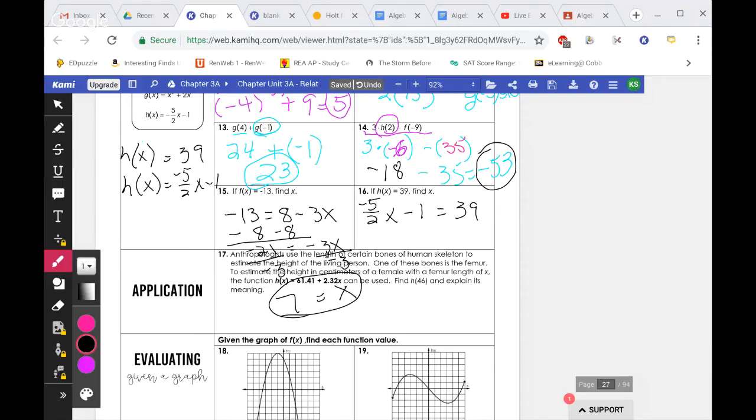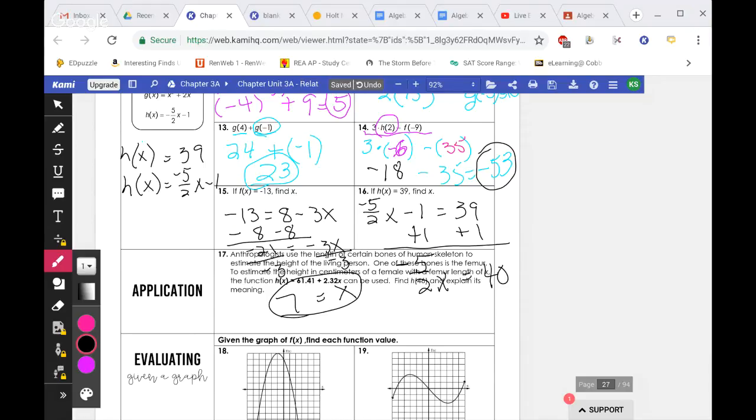Because if h of x equals 39 and it also equals negative 5 halves x minus 1, then those two things must be equivalent. So once again, it's just a regular algebra problem. We're going to add 1 to both sides. And that gives us negative 5 halves x equals 40.